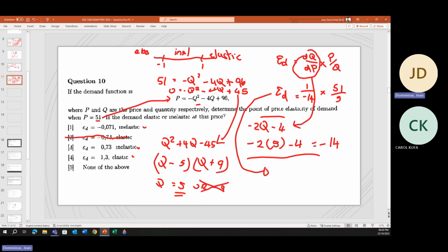So 1 minus 51 is 51. 14 times 5. Ah, negative 70. Okay, so 51 divided by 70 is equal to minus 0.73.